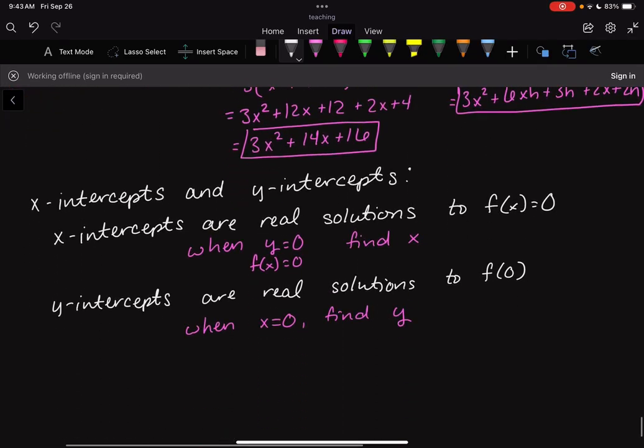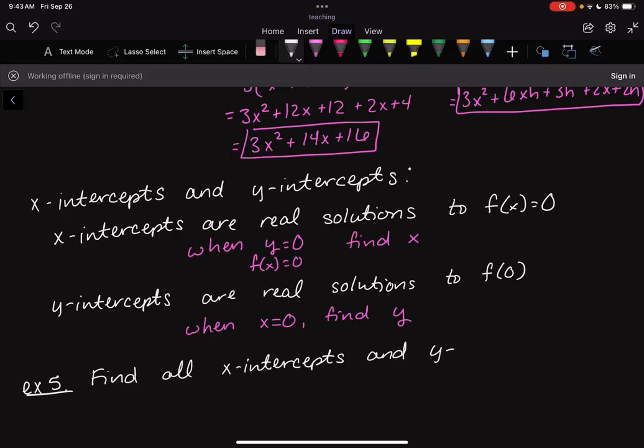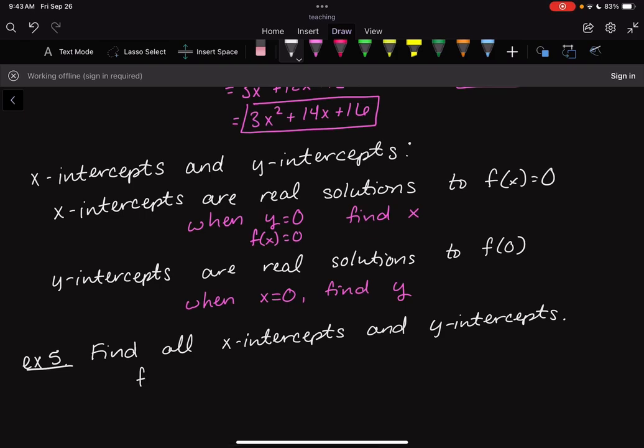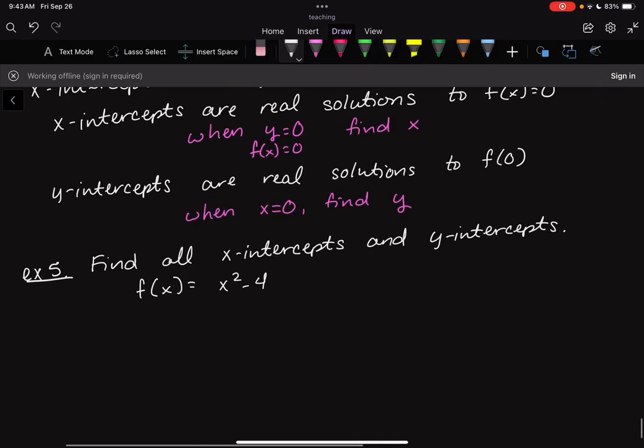Let's do an example of finding some x and y intercepts. So example 5, I'll say find all x-intercepts and y-intercepts. And the function that we're going to be looking at is f of x equals x squared minus 4. So this is actually a quadratic.